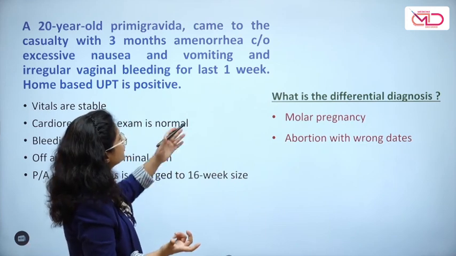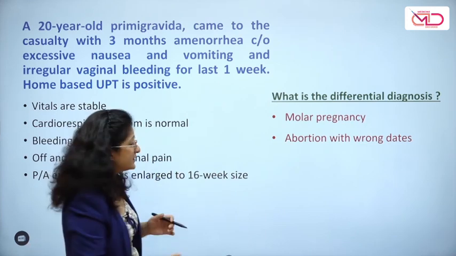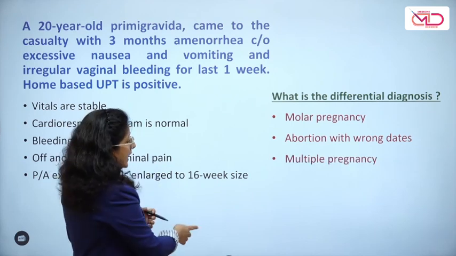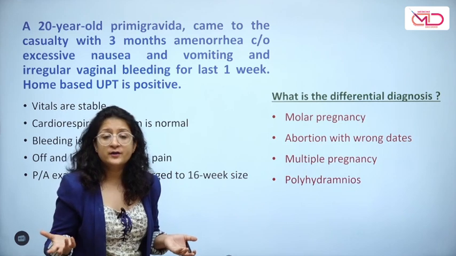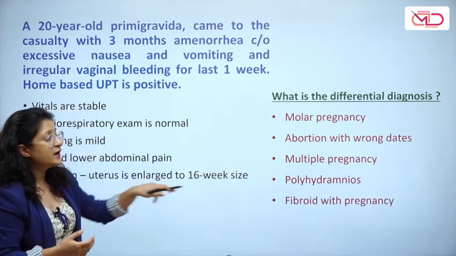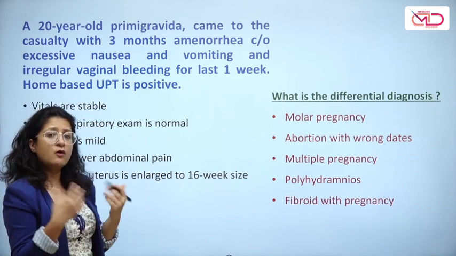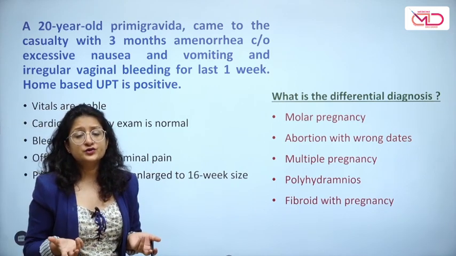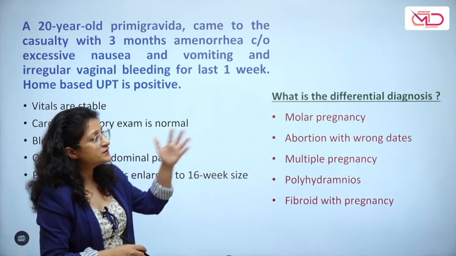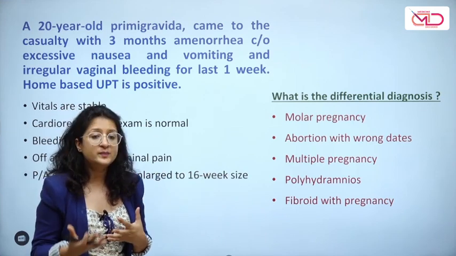So it's very important to ascertain that yes, indeed, she is 3 months pregnant. Other than that, multiple pregnancy, right? Other than that, polyhydramnios. It could be a multiple pregnancy and polyhydramnios that is leading to a 16-week size uterus, or it could be a fibroid uterus with an incidental pregnancy. So this is the long list of differential diagnoses which could be there.